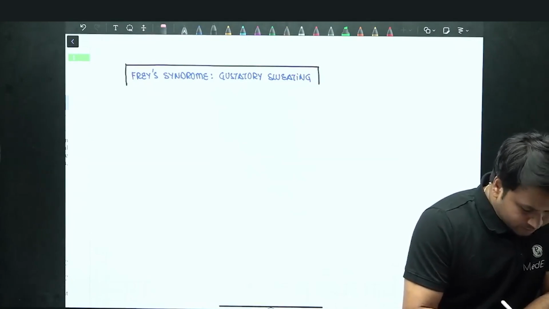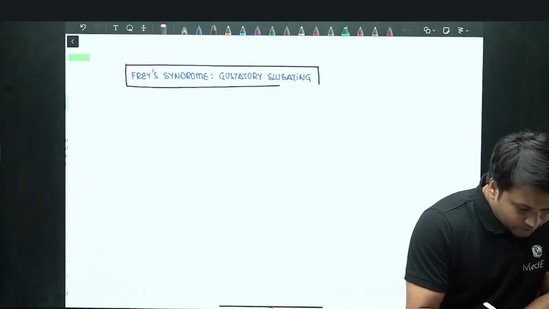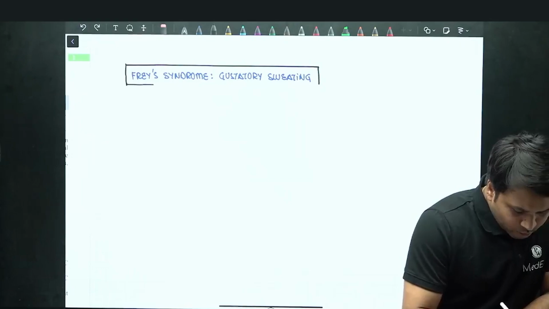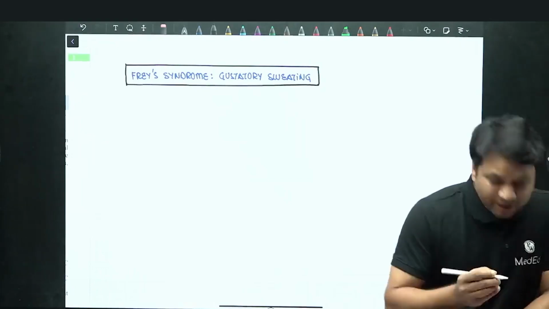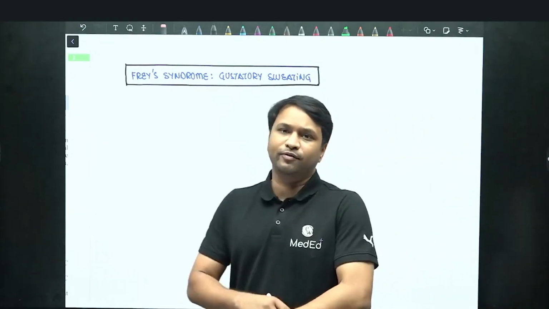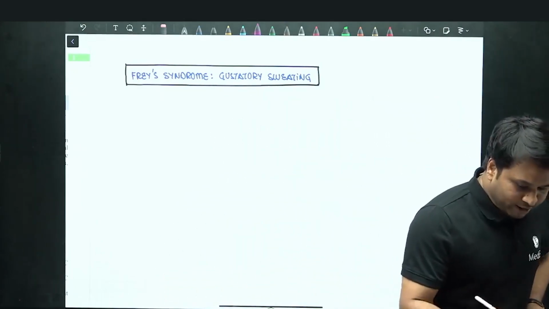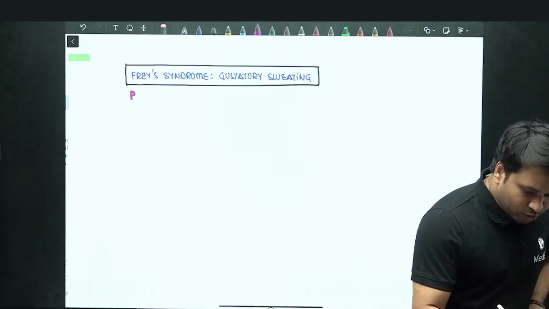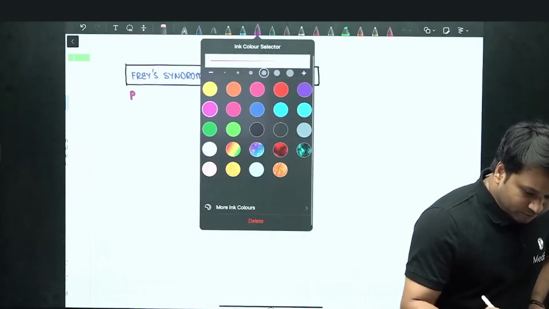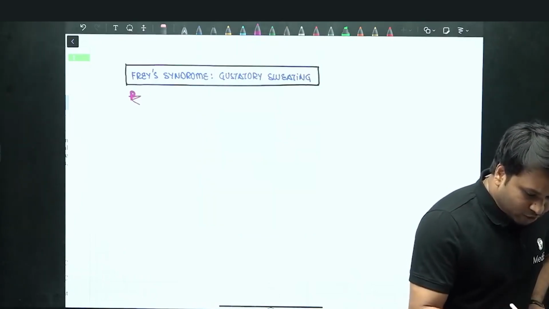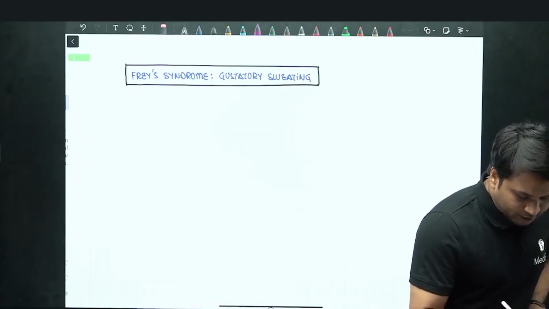Let's try to understand. Okay? First of all, Frey syndrome won't appear immediately. It is not an immediate post-operative complication. It takes time. So it is a post-operative complication of what? It is a post-operative complication of superficial parotidectomy.